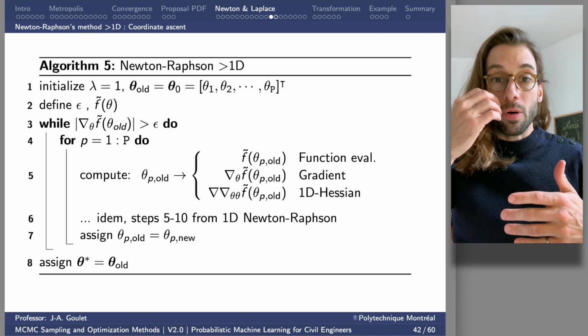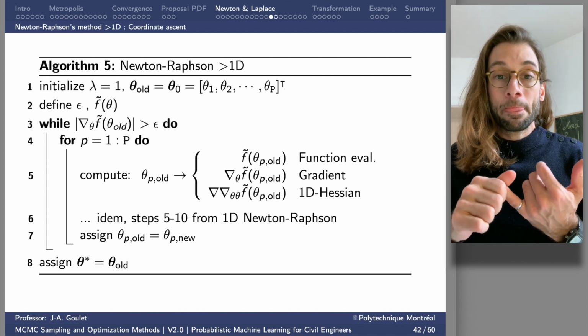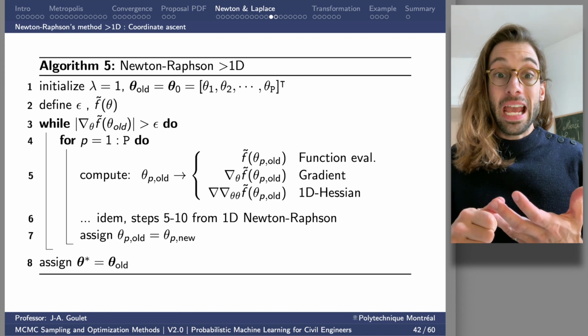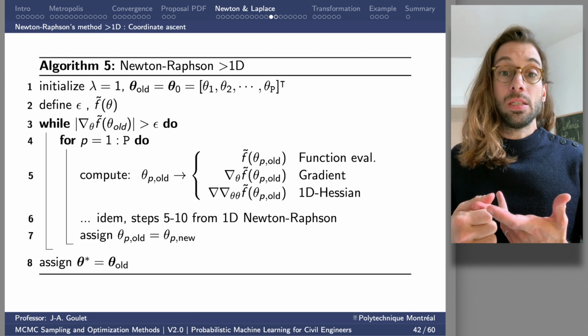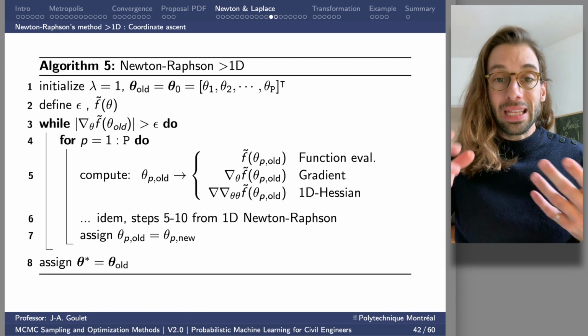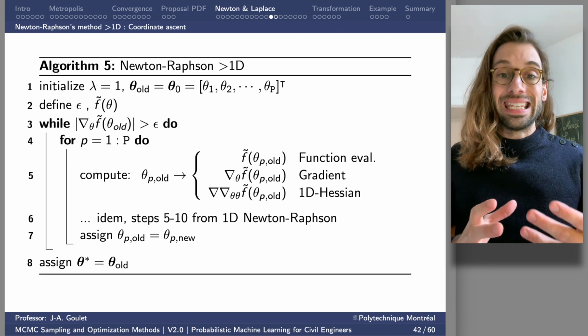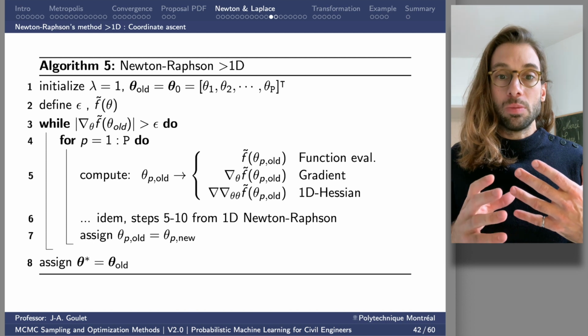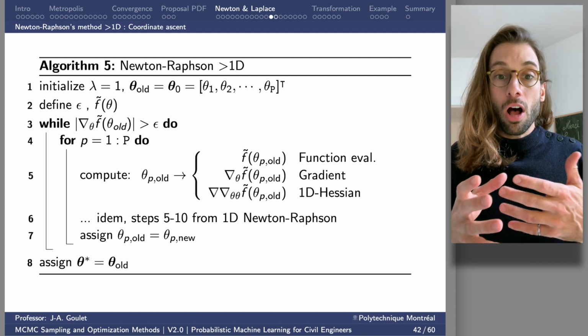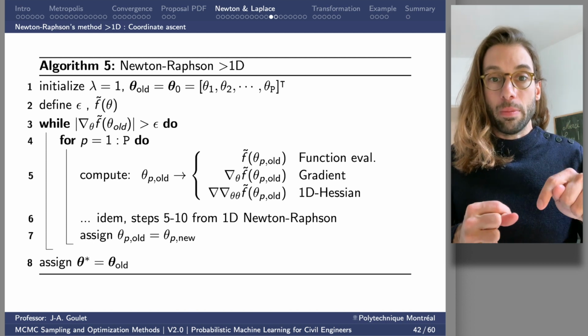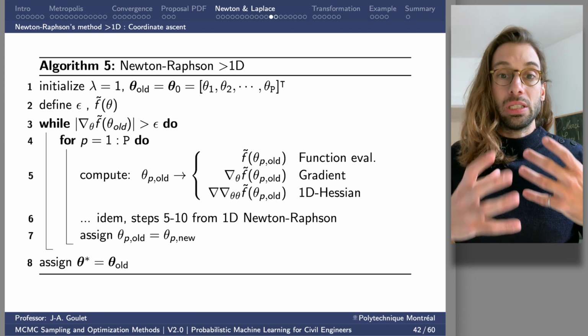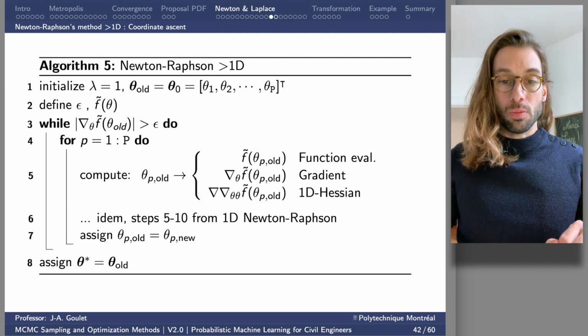But the issue while working in these multidimensional domains, notably, is that calculating the Hessian might be extremely expensive, okay? So one heuristic that tends to work pretty well is coordinate ascent, okay? Coordinate ascent means that we're going to explore our multidimensional domain as a succession of 1D optimization problems.